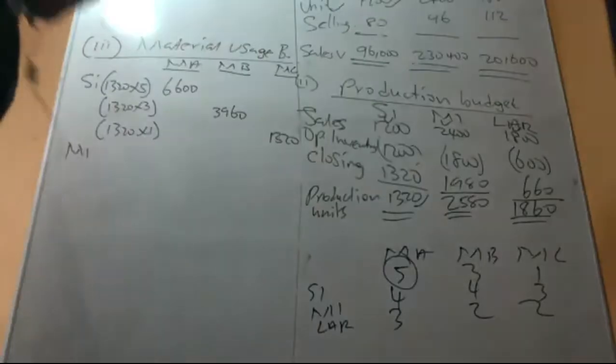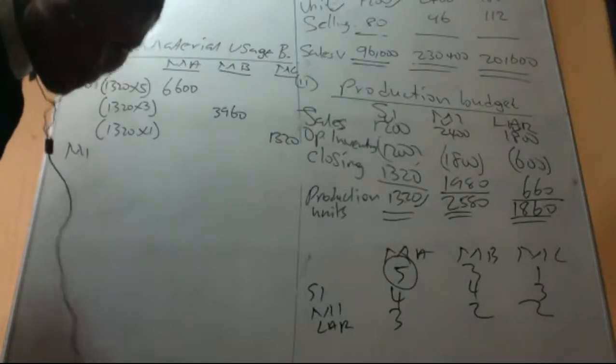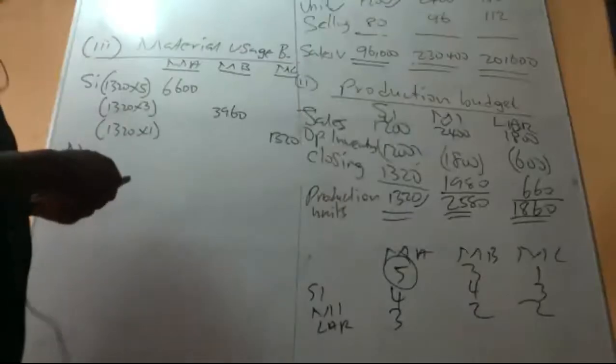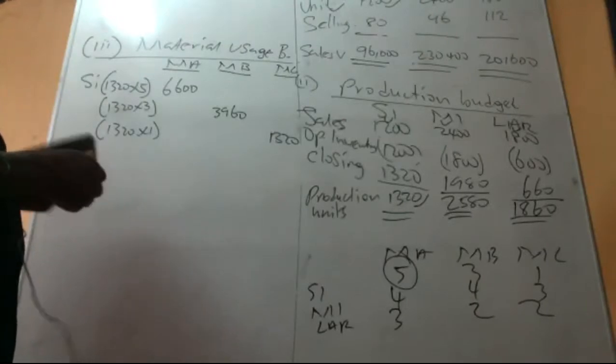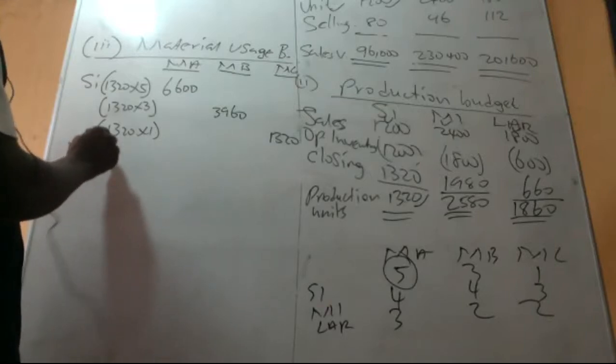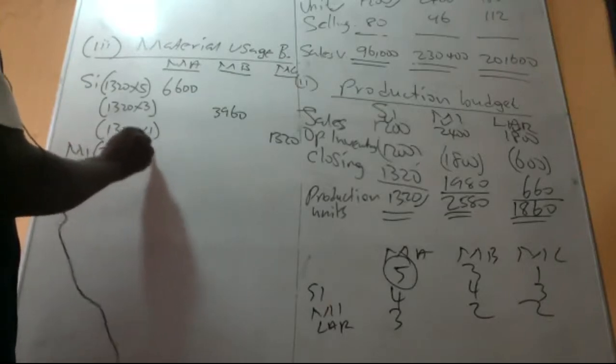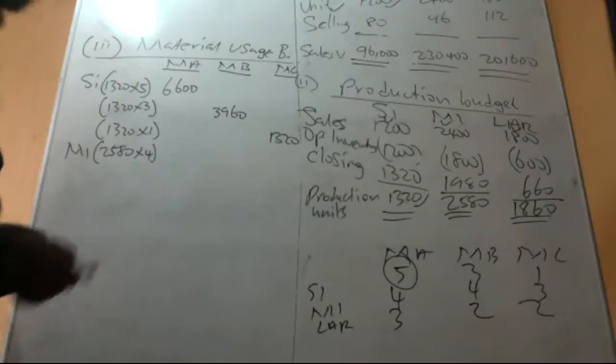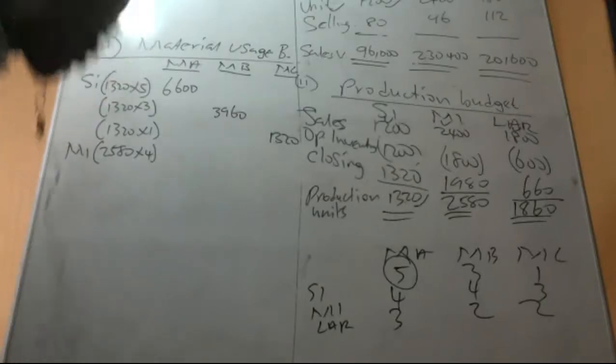So that will give us, let's see, 2580 by 4, and that will give us 10,320.